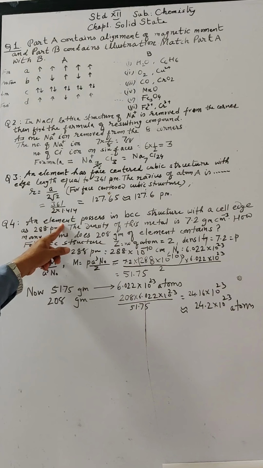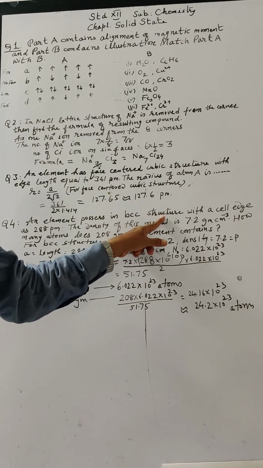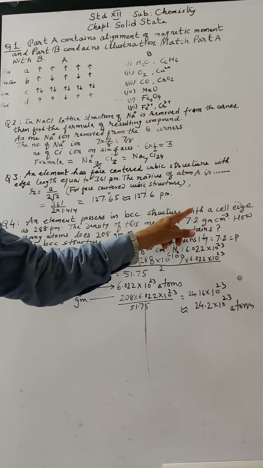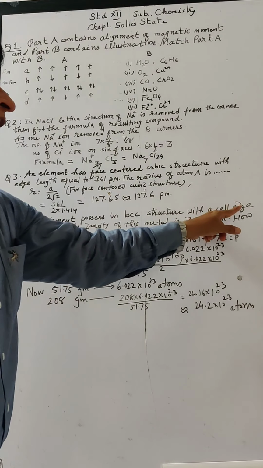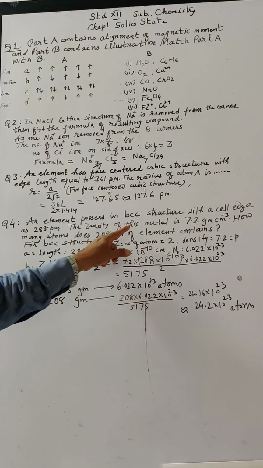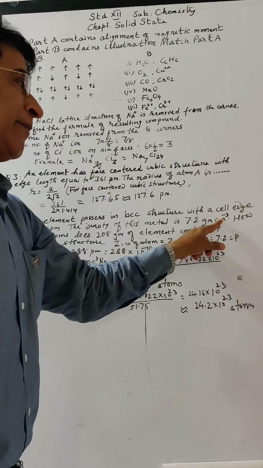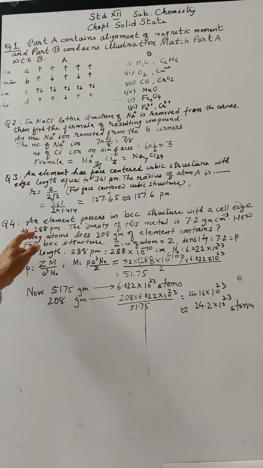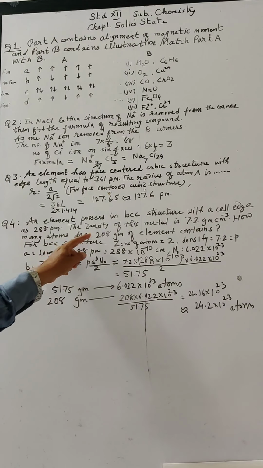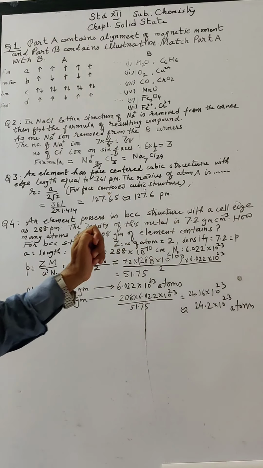An element possesses body-centered cubic structure, BCC structure, with a cell edge of 288 picometer. The density of this metal is 7.2 gram per centimeter cube. How many atoms does 208 gram of the element contain?